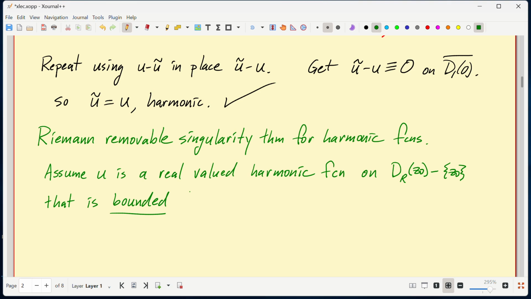I guess I should say what I mean by bounded. Well, we'll see in the proof that it can be just bounded above. But usually bounded means the absolute value of u is less than something on there. Let's call this omega on the set.